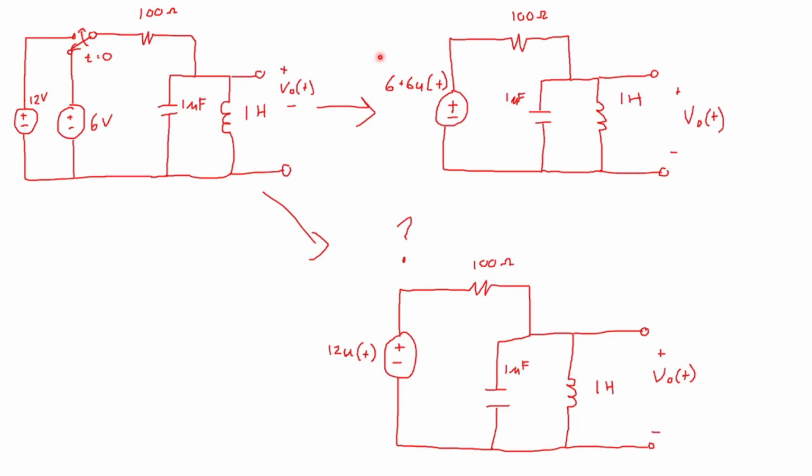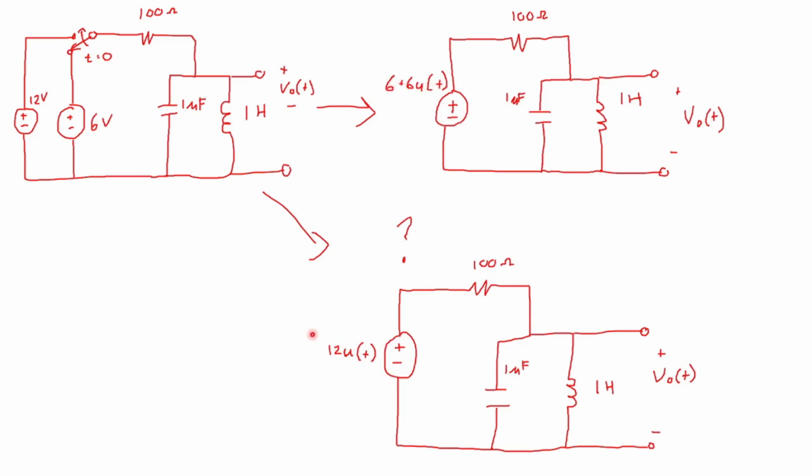Now, something that I feel like I need to clarify up front, because you'll see this getting skipped over a little bit, is when we convert to the S domain, to the Laplace domain, there is not going to be a distinction in terms of what is the Laplace transform of 6 plus 6u of t?